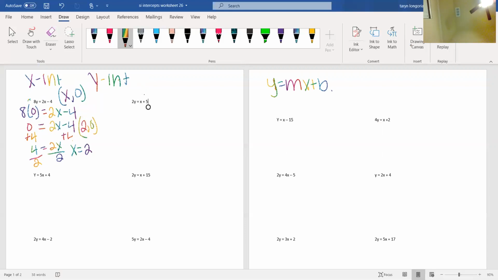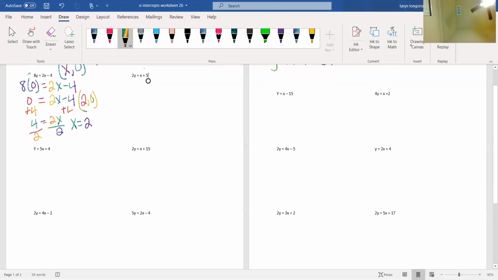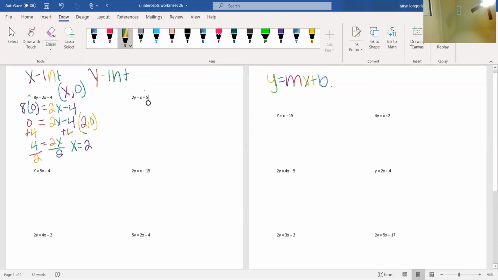I will go ahead and do these over here, and then we'll go back to our x-intercepts and y-intercepts. This one is already in the format, so you don't have to do anything to it, just y equals x minus 15. For this one, we need to get y by itself, so we're going to divide the whole thing by 4.